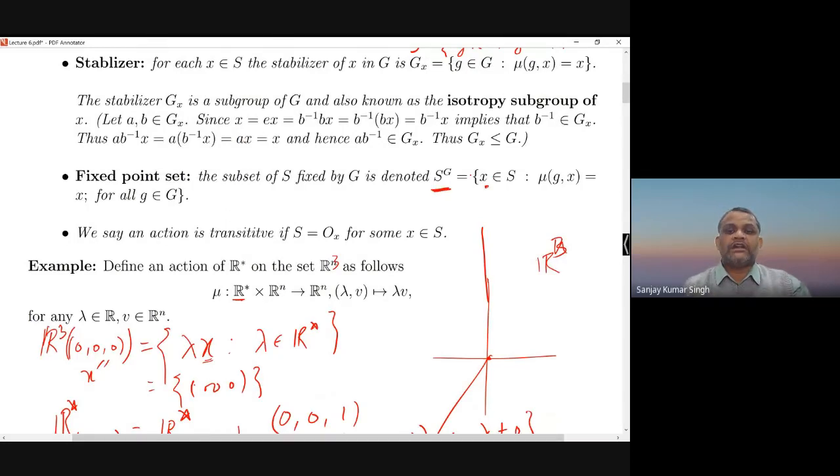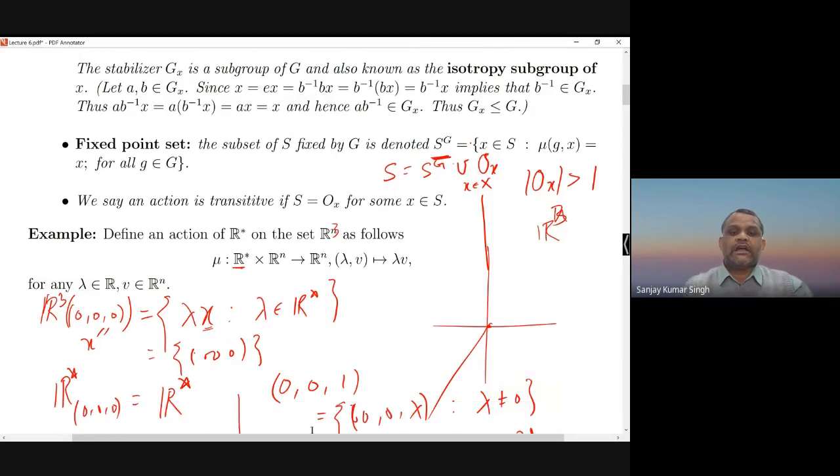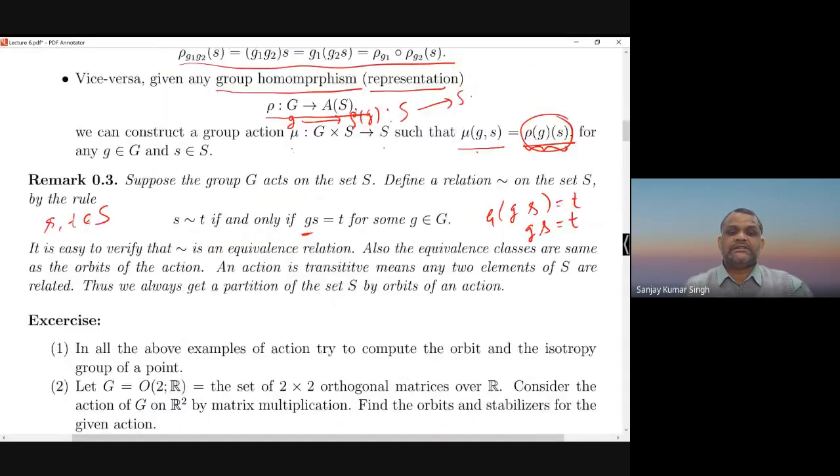So now I am writing the set S as the union of S^G and all the orbits Ox such that the orbit has more than one element. So all those x in capital X such that the orbit has more than one element.